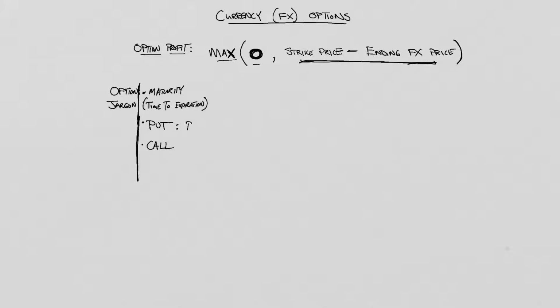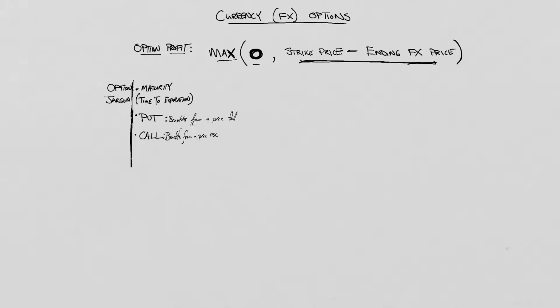A put benefits from a price fall. You can actually benefit from something falling in value. Whereas a call benefits from a price rise. Kind of just like we're used to. If we buy a stock and it rises in value, we're benefiting from that price rise.